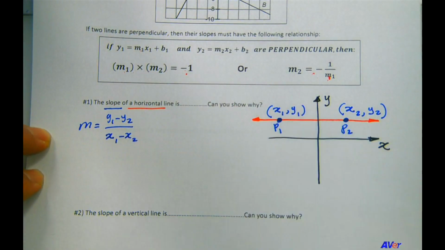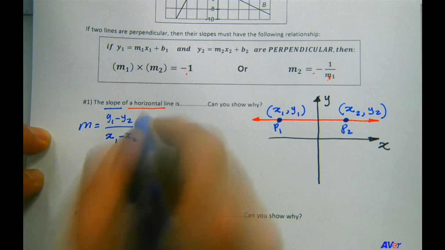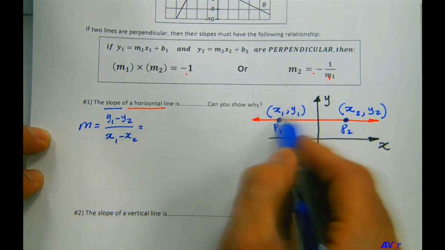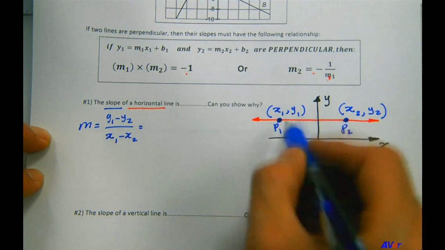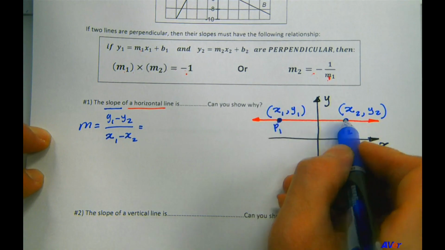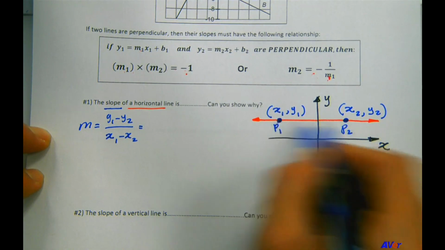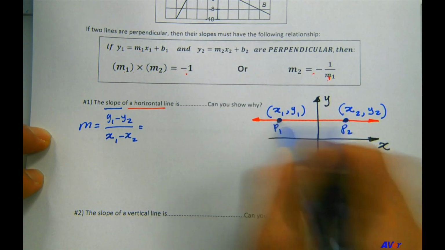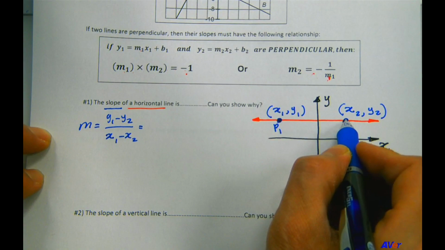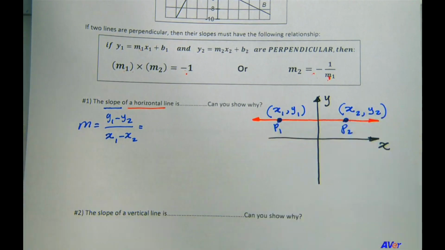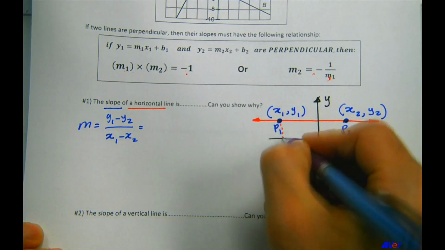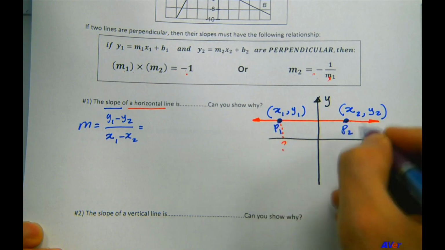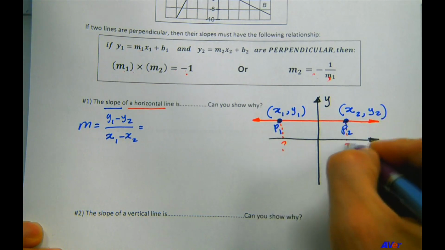Just using those coordinates. Now, take a look at these coordinates. x1 and x2, would they have to be different values or the same value? x1 and x2 would have to be different values. The x1 would be some negative number here, and x2 would be some positive number here.